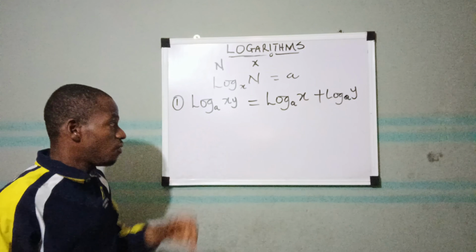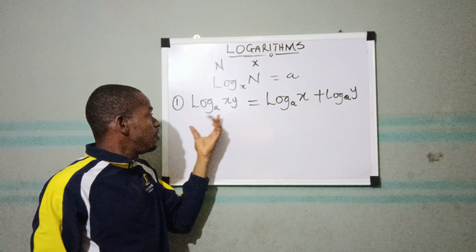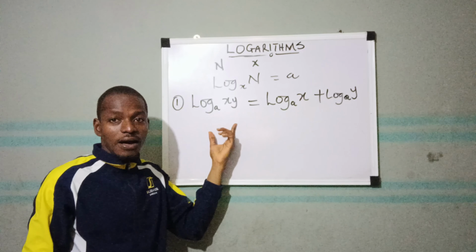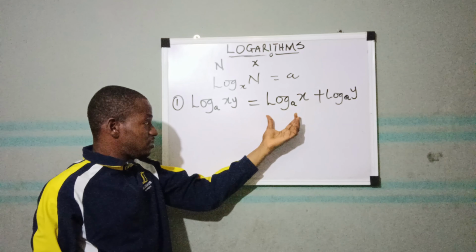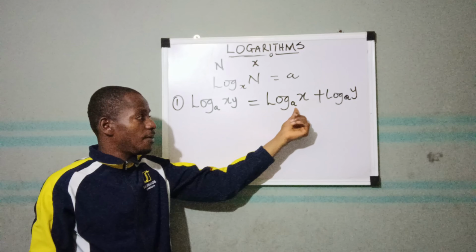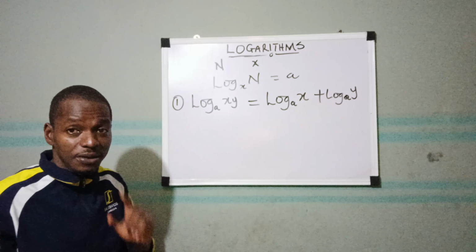So that's the first law of logarithm. If you have log xy to the base of a, it is the same thing as writing log of x base a plus log of y base a.